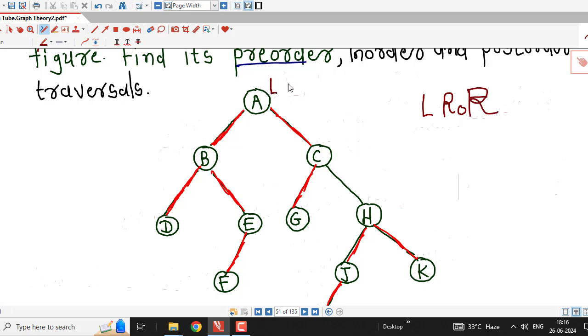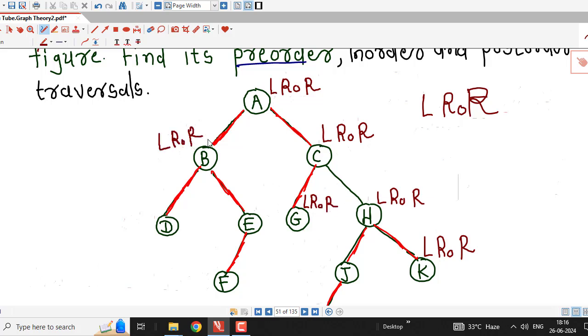So for every node I am writing L, R O, R: left subtree, root, right subtree. The same thing I have to write for each and every vertex. It will not take much time.